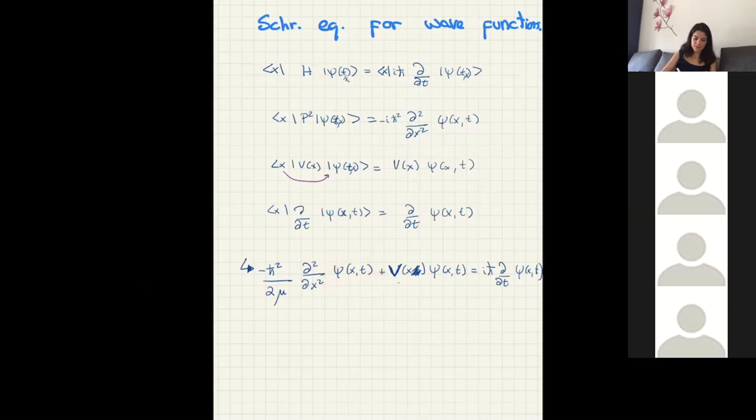So if we look at stationary states, which we talked about, we saw that they need to be in general of this form, psi of t equals e to the minus i E_k t over h bar.